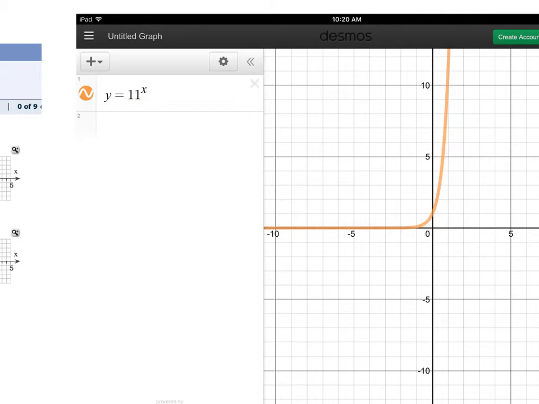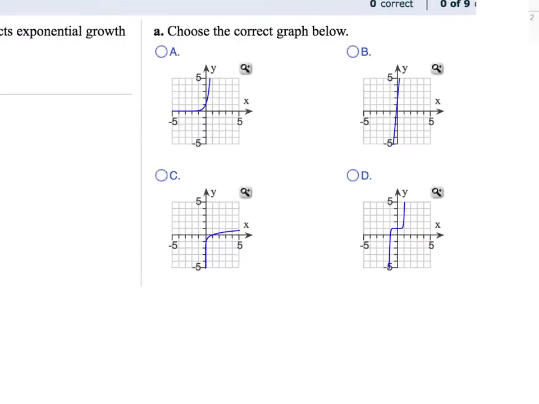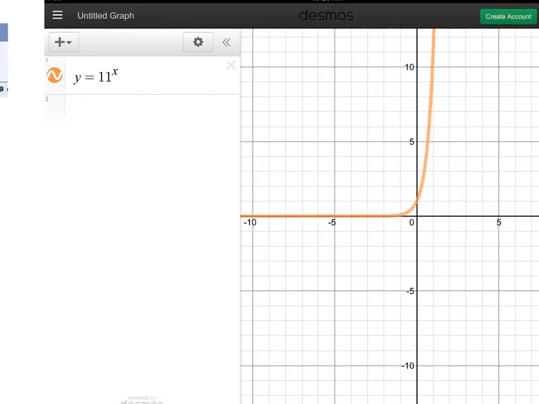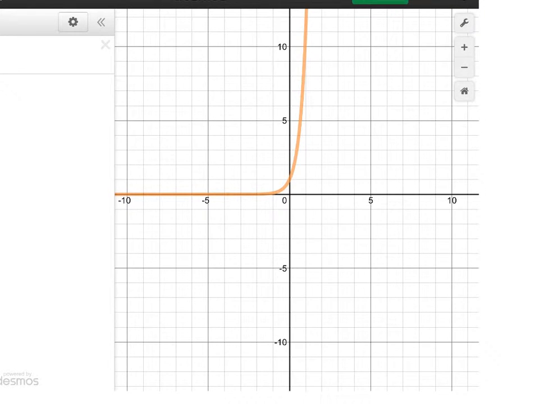But once you've typed it, the other thing you have to do is look and notice that all of our options, the scale is going from -5 to 5 in all 4 cases. So when you graph this into Desmos, I kind of failed to do that. I really should have expanded and stretched this out so that we're only looking at from -5 to 5.